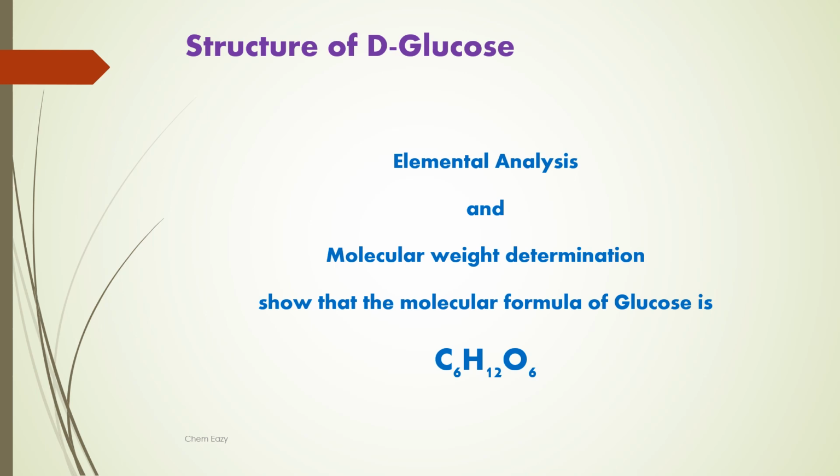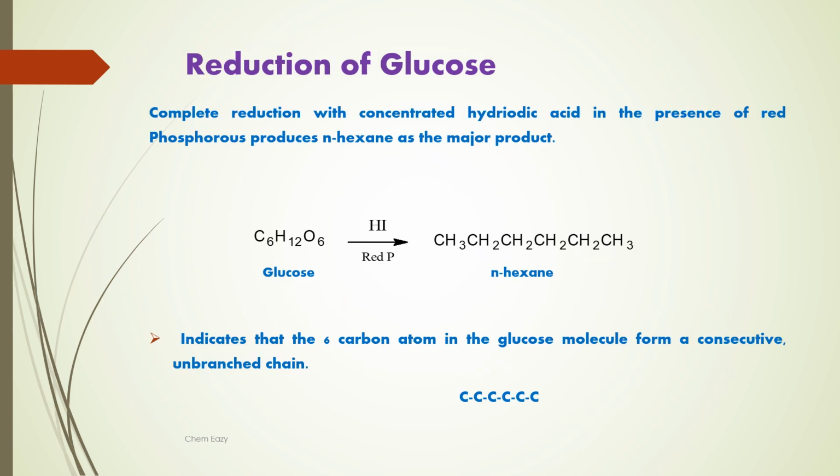The elemental analysis and molecular weight determination show that the molecular formula of glucose is C6H12O6. When glucose is reduced completely with concentrated hydriodic acid in the presence of red phosphorus, it produces n-hexane as the major product.